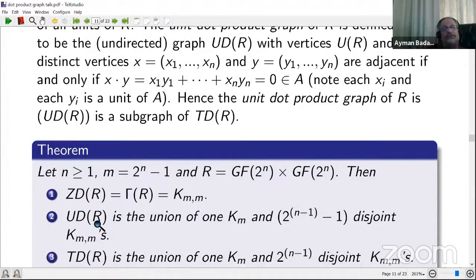The unit dot product is the union of 1 KM, where KM means a complete graph on M vertices, and that many disjoint complete bipartite graphs KMM.